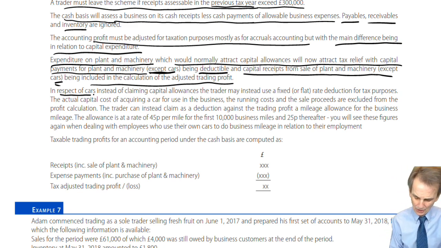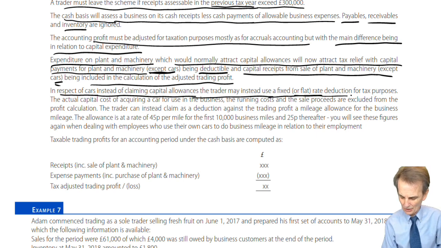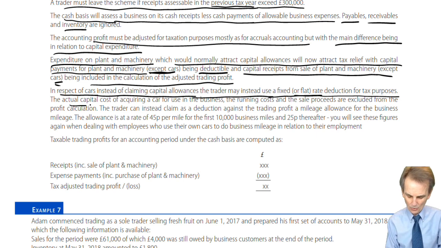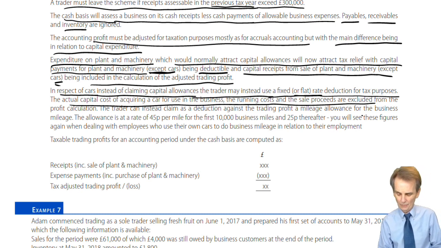Well, in respect of cars, instead of claiming capital allowances, the trader may instead use a fixed, or as it's known, flat rate deduction for tax purposes. So the actual cost of the car when you bought it, any running costs, and then the sales proceeds, all of those are going to be ignored in your profit calculation.